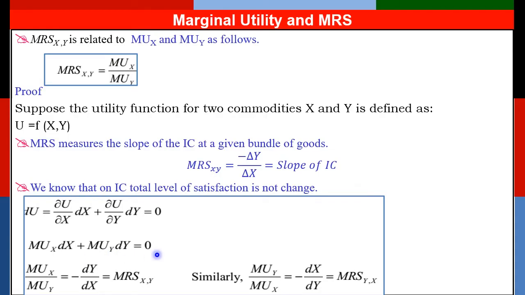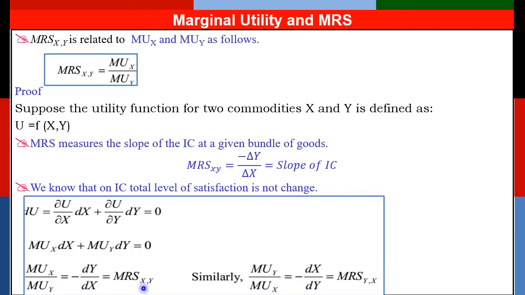Rearrange this one. When you take this variable to the other side, by rearranging or collecting like terms, you can get this formula. The marginal utility of x over the marginal utility of y is equal to negative dy over dx. Why is it negative? Because when we take this value to the right-hand side, it becomes negative.